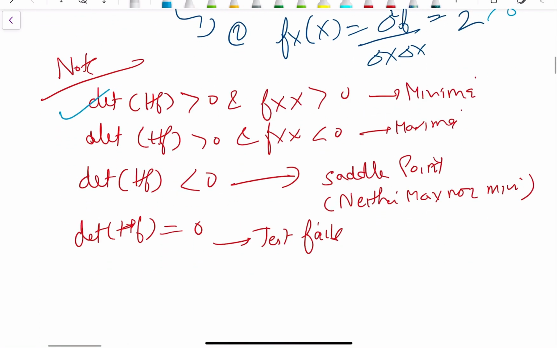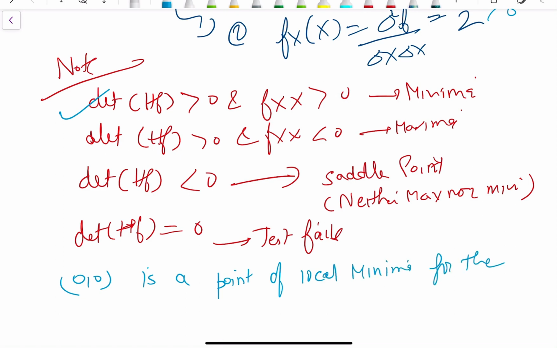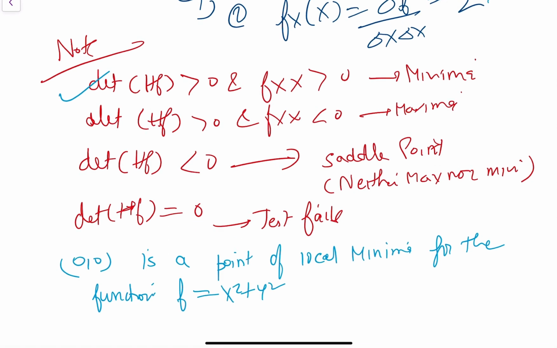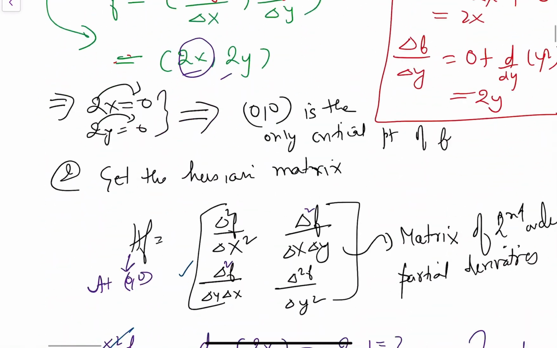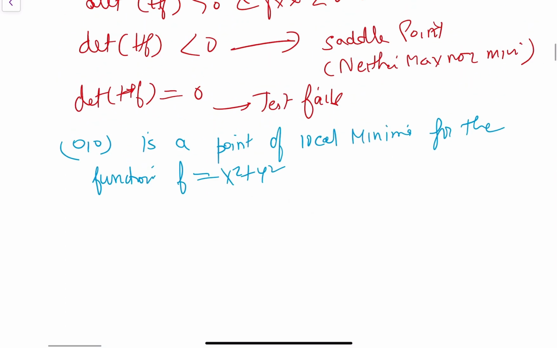So we conclude that the critical point, which is 0, 0, is a point of local minima for the function f, which is equal to x square plus y square. Now this point might also be the global minima. We have not checked for global minima yet, because for that the test is different, but at least we have concluded that this will be a point of local minima.